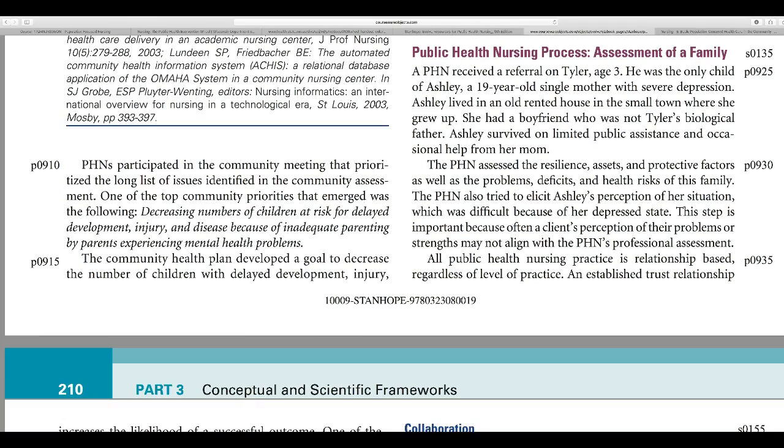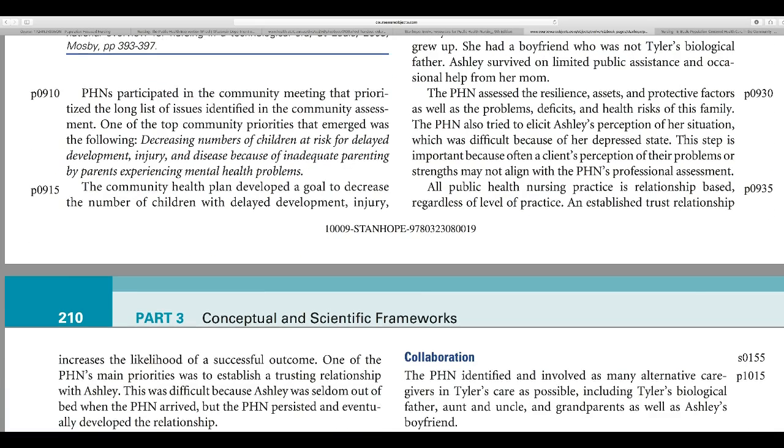You want to know what the client's perception is of their problem or their strengths, because it may not align with your professional opinion or your assessment, and you have to get on board with one another. So if someone says, no, I think I'm in a good situation, and you think they're not, you ask them why they believe that, and they say, because my father's been helping, or I'm going back to school. Well, that's helpful, right? That's an asset.